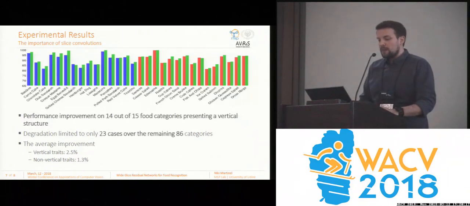In general, the performance is improved, for vertical traits by around 2.5% and non-vertical by 1.3%. The performance is degraded in only 23 classes over the remaining 86 categories which do not have vertical traits.